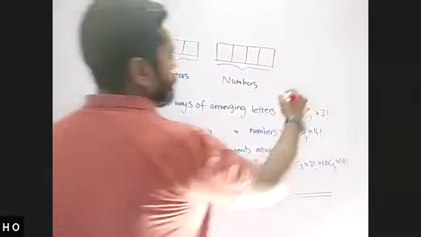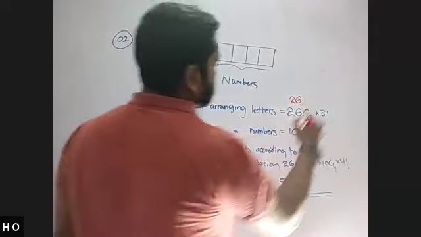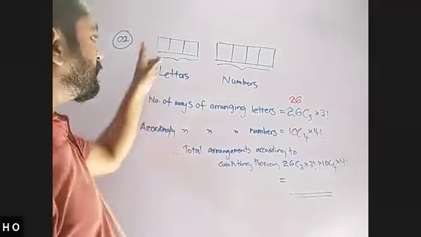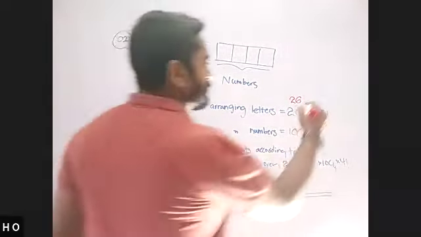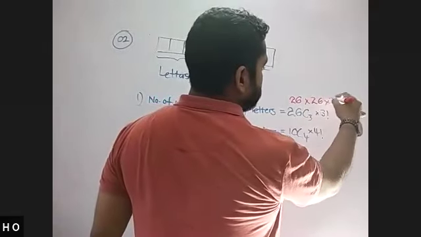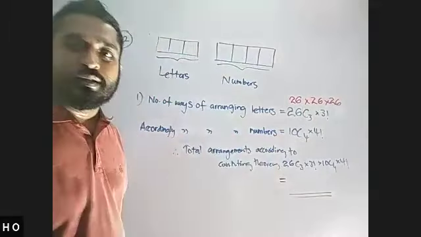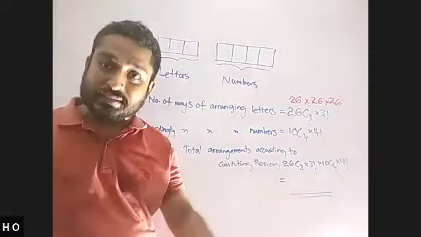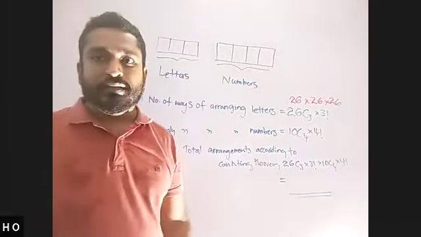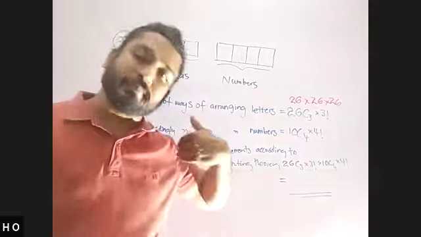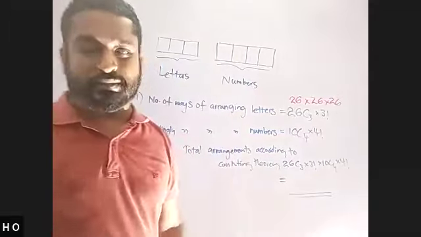So it is going to be 26 ways to fill the first, again 26 ways to fill the second, again 26 ways to fill the third, because repetitions are allowed. It doesn't matter whether they are the same letter or not. Right.